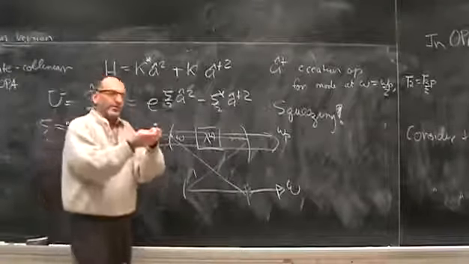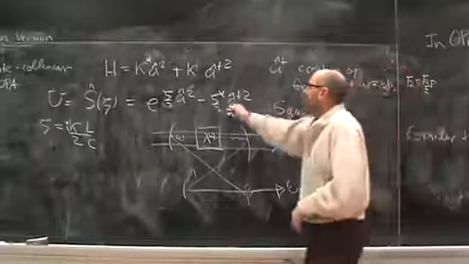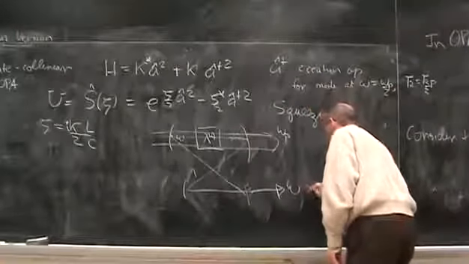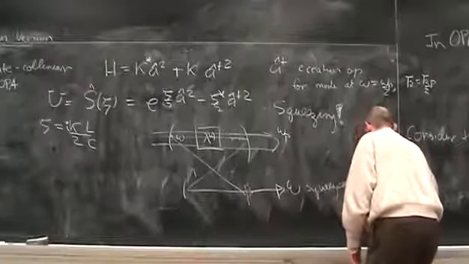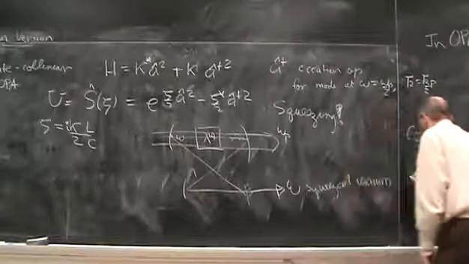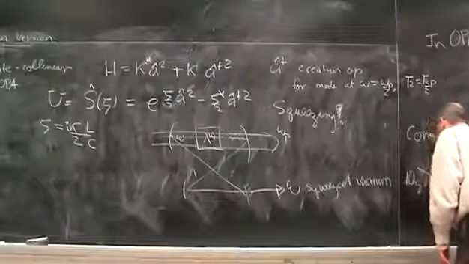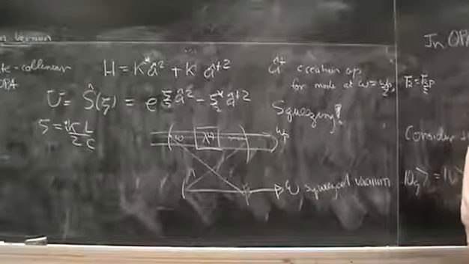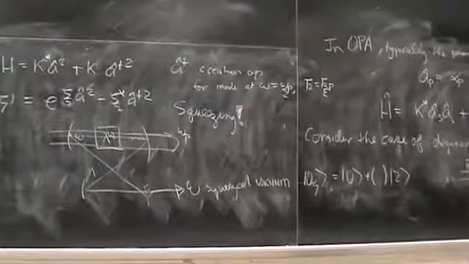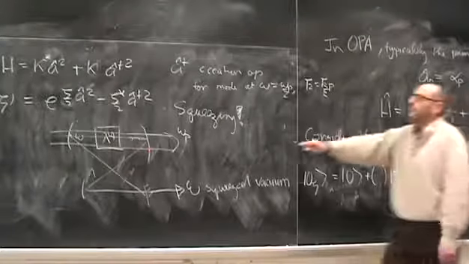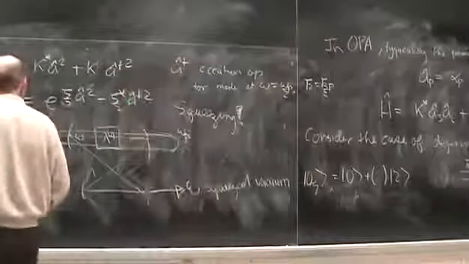So to lowest order, this is squeezed vacuum, and that squeezed vacuum is vacuum and some amount of two photons. Right? We're creating photon pairs through spontaneous parametric downconversion.